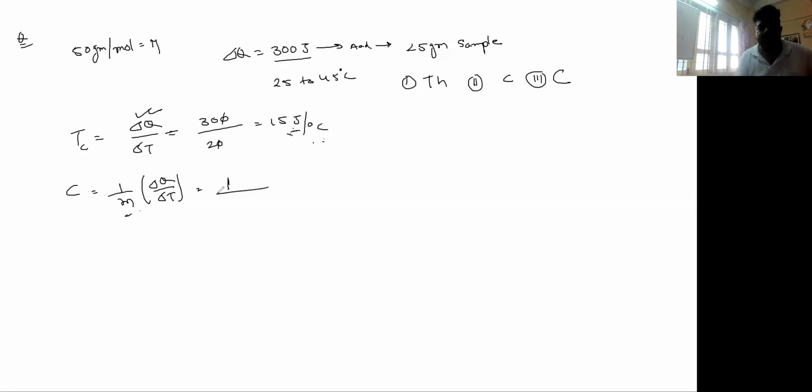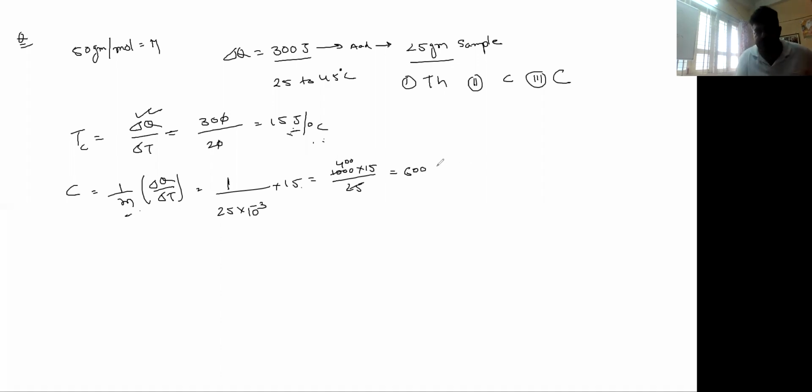So mass is given, 25 gram sample. So 25 into 10 to the power minus 3 into 50. So what you have is 1000 into 15 by 25, which gives 600.